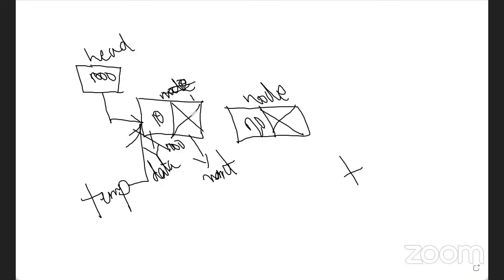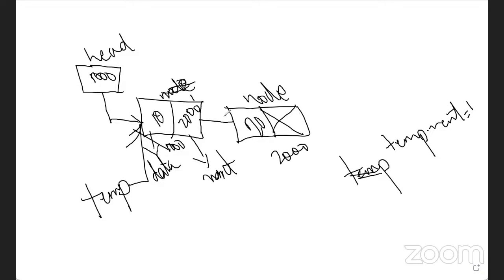So what you'll do basically is temp.next is equal to node. So this temp's next, you'll store the address of this newly created node. Let's say the address is 2000. temp.next is equal to 2000. So what happened? This is linked.